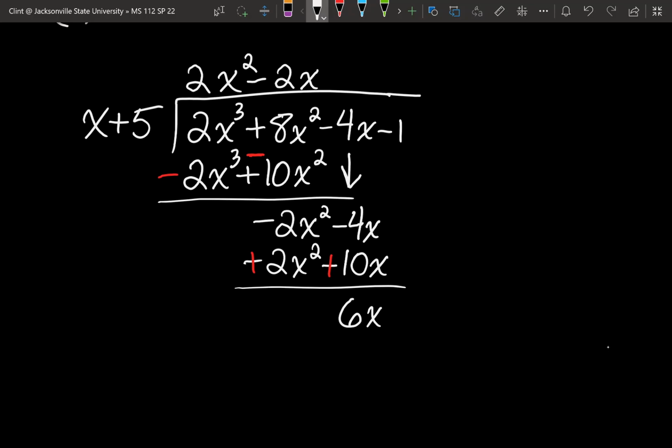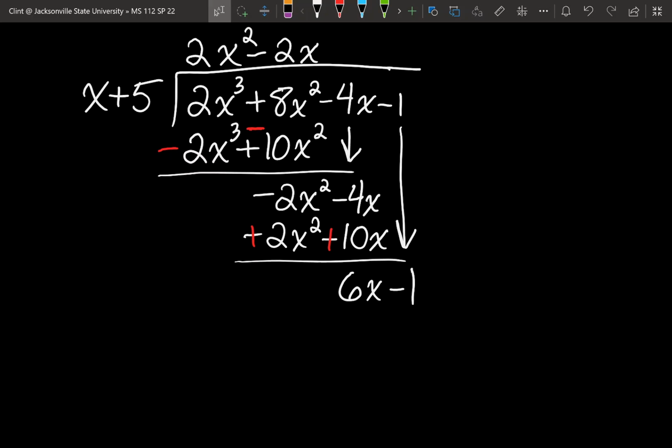We're going to go one more time. So bring down minus 1. So what do we need to multiply x by to get 6x? One's not too bad. We're going to multiply by 6.